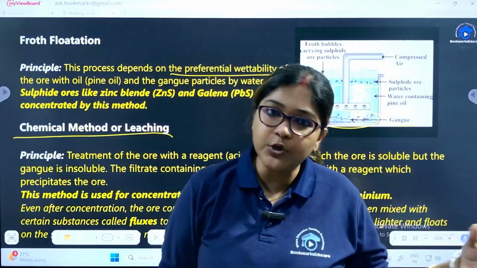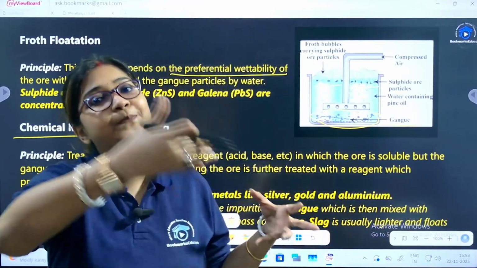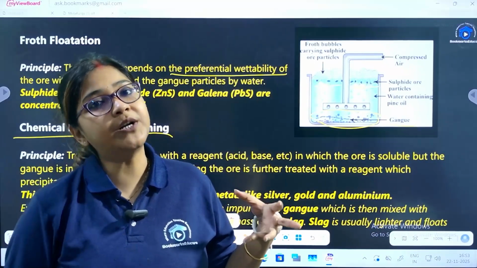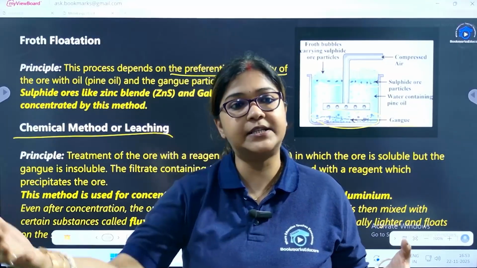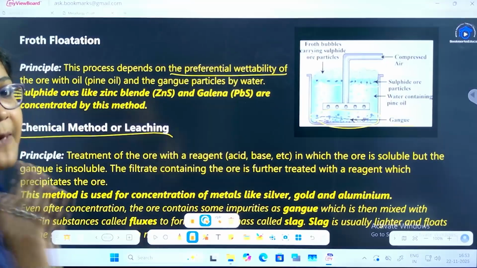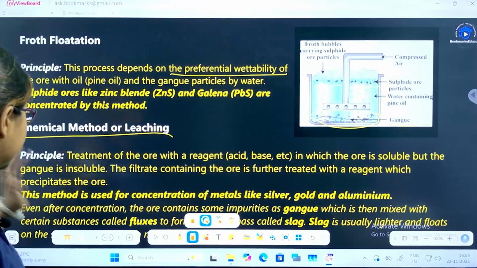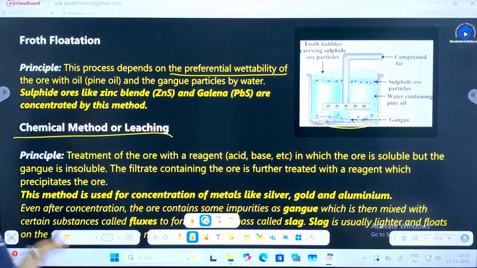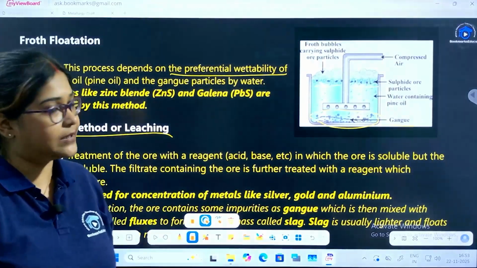Next, to the solution or the filtrate, you add another agent that will precipitate the ore. Then what happens? You get the pure ore separated from the gangue material. So this is the concept of the chemical method or leaching method. Now, this is usually done for concentration of metal ores like silver, gold and aluminium.